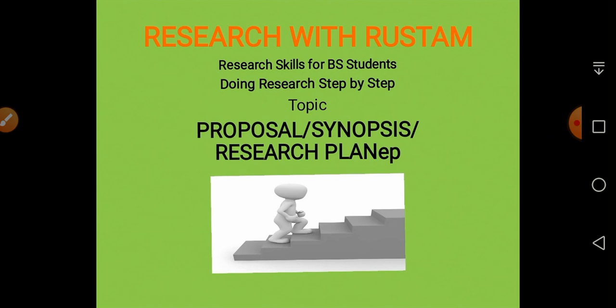So this is a step-by-step research process, and initially BS students may find a bit of a conceptual challenge, because learning concepts is not quite easy.